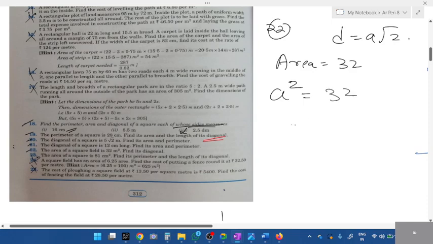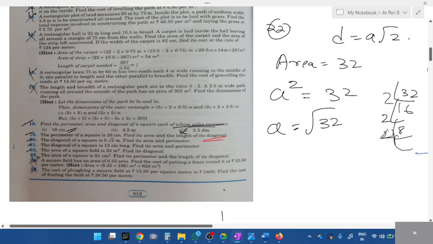A square is 32. If you just want to find the value of A, this square goes to the other side and becomes square root. 2 into 16, 2 8s are, 2 4s are, 2 2s are, 2 1s are.